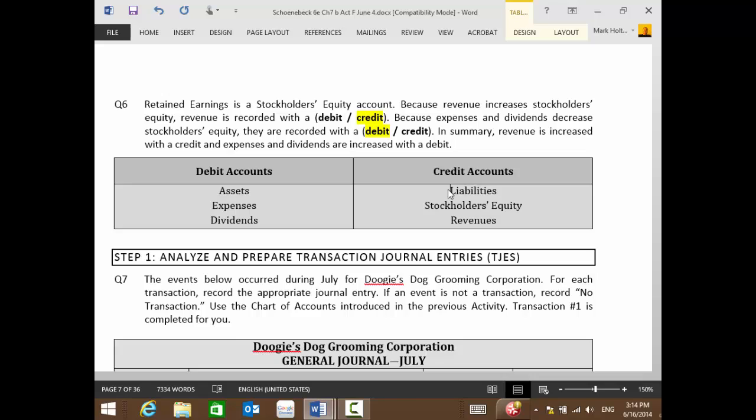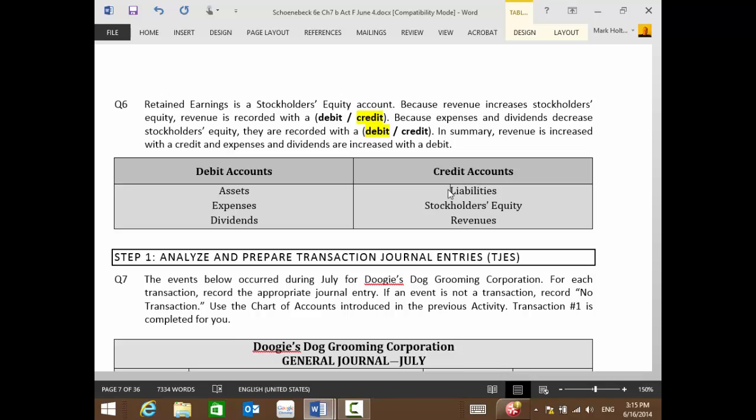Credits tend to be sources of revenue or funds, whereas expenses tend to be uses of funds. So if you're financing your business and you need cash flow, there are three places you can get it from. One is revenue: sell more stuff. Another one is stockholders' equity: raise capital from your investors. And still another one is liabilities: you could borrow money.